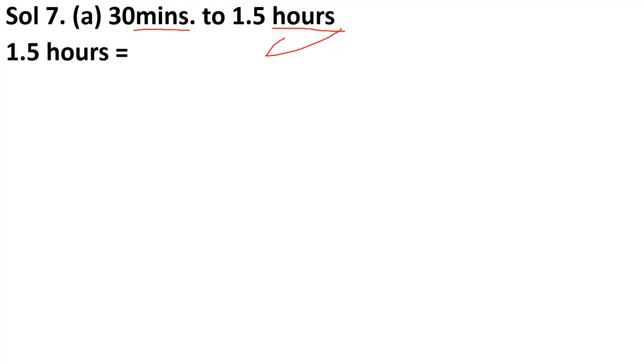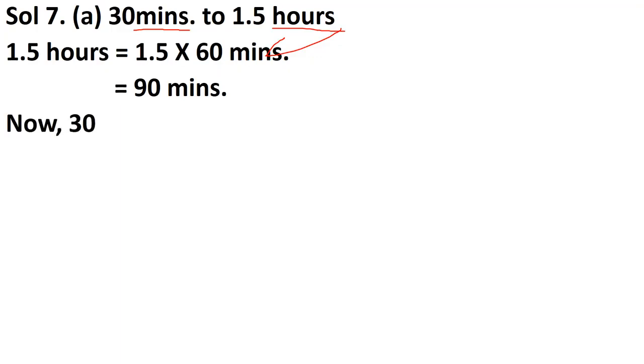So 1.5 hours equals 1.5 multiplied by 60 minutes, which is equal to 90 minutes. Decimal removed. After the decimal there is 1 0 in the denominator. 0 and 0 cancel. 15 6s are 90. So now we will find out the ratio between 30 and 90. It is 1 is to 3.